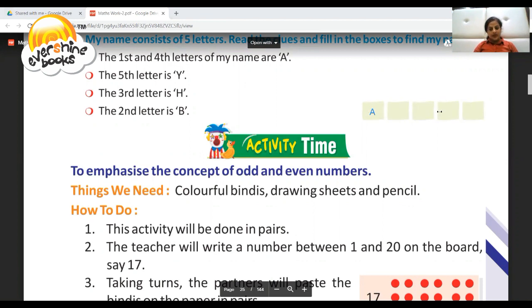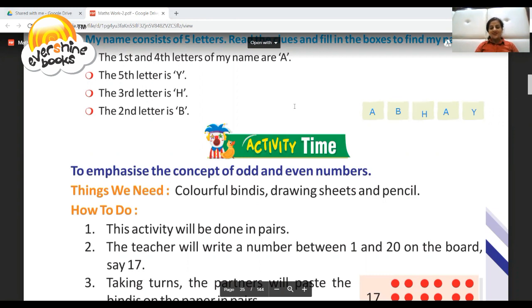Fourth is also A. So we are going to write here A. Fifth letter is Y. So we are going to write here Y. Third letter is H. So interesting it is. We are going to write here H. And second letter is B. So we come to know what its name is. Name is Abhay.